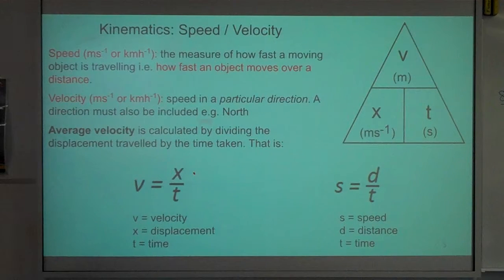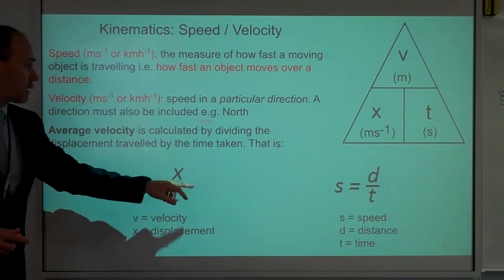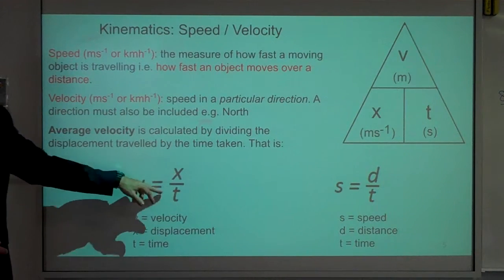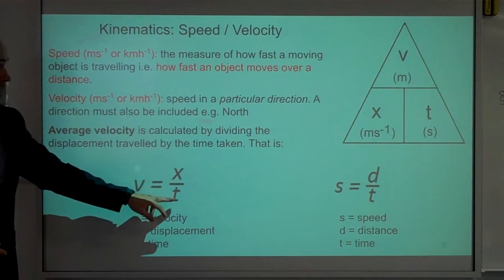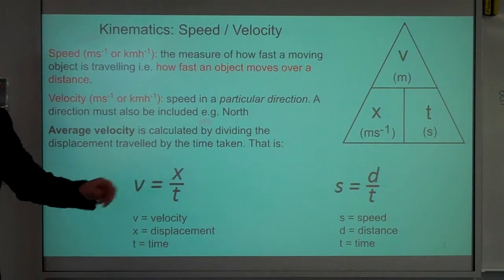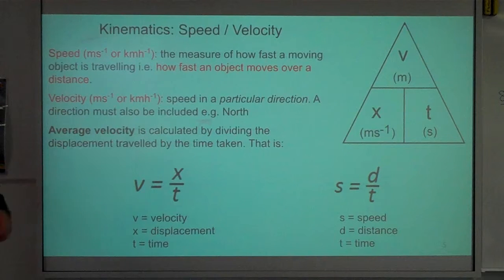So velocity should have a measure of directionality included. So 20 kilometres an hour north, or 20 kilometres an hour left, or 20 kilometres an hour forward, I suppose, in its simplest form. Whereas speed is just how fast an object moves, but the units are the same. The formula for calculating velocity is x, displacement, over time, whereas the formula for speed is distance over time.